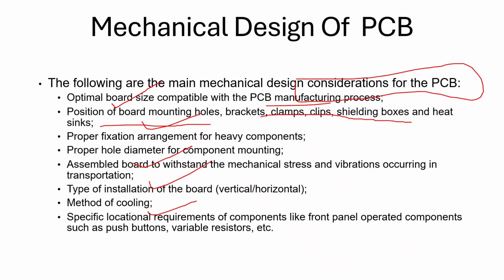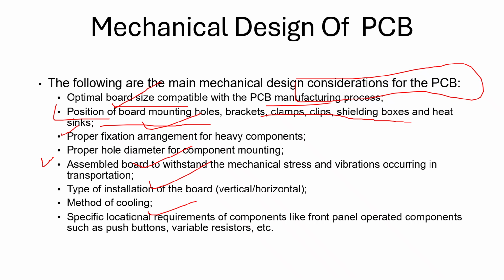So mechanical design simply means you have to choose the proper size of the board. Optimal size means you cannot keep it bigger. Then the position of the board mounting should be proper, the size of the holes and the gap between the two mounting components, everything should be proper.